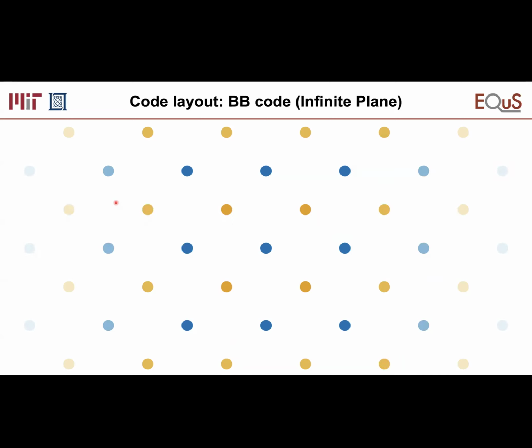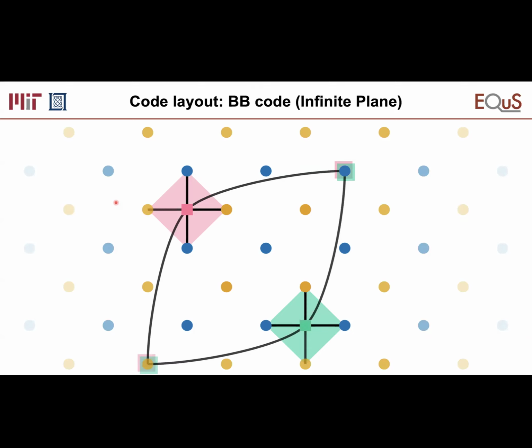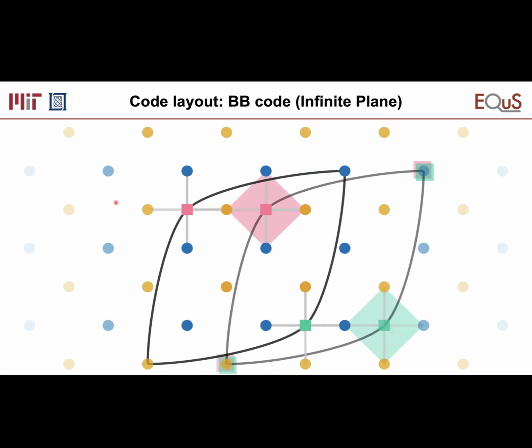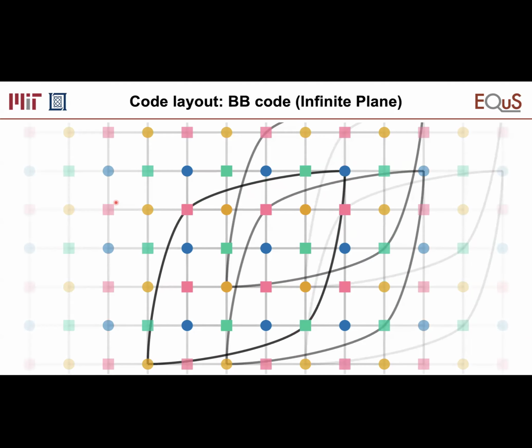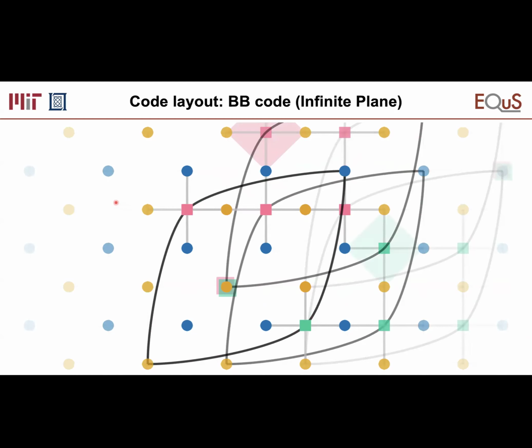What does this mean for connectivity? What does that mean for devices? That's what this means. Not great. This is the Z check, and now we'll do the same thing. We'll tile the lattice, and you'll see something quite scary happening. What I want to draw your attention to is that the base lattice is actually a surface code lattice.